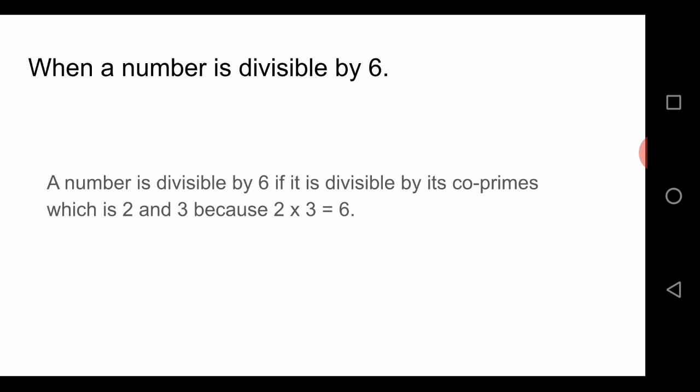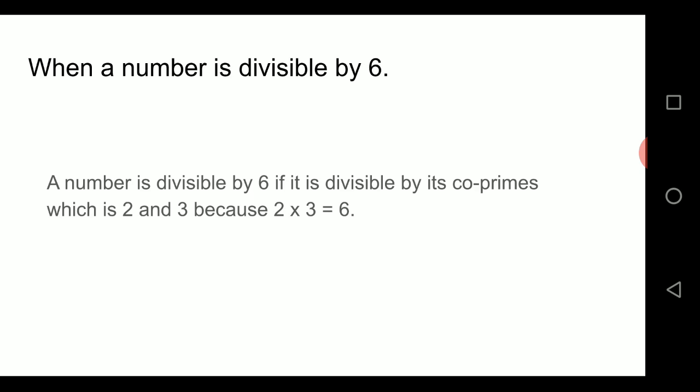2 and 3 are co-primes, because they are the prime factors of 6. In this way you can check divisibility of any number, like 8 and 3, which are co-primes of 24. 8 into 3 is 24.